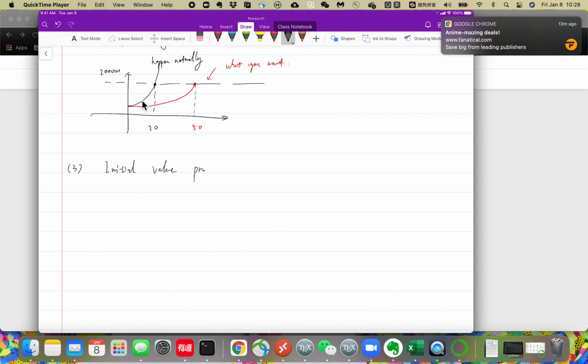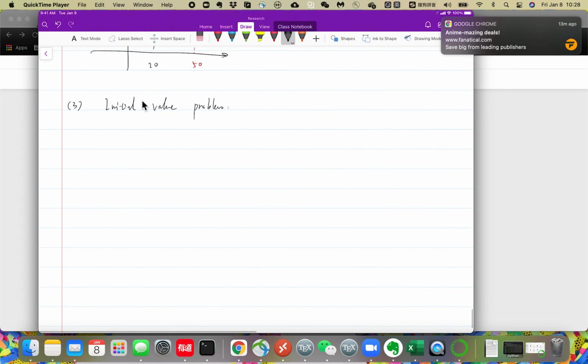That here is quite easy. y prime equals ky. You solve that, what's your solution? Your solution is going to be e to the kt with a constant. Why? Because you take the antiderivative, you are supposed to have a plus c from your integration. That's where it comes from.